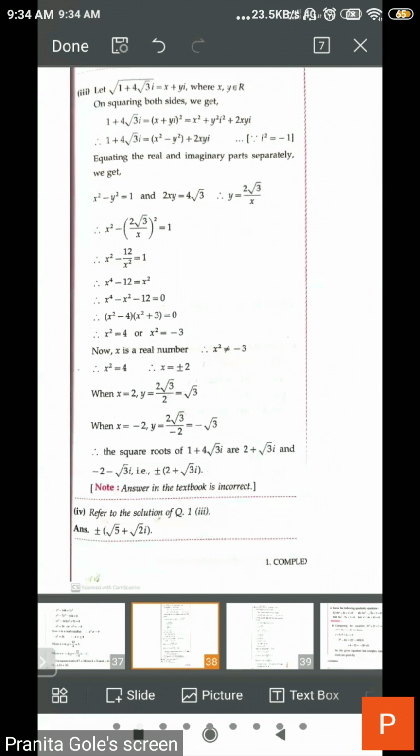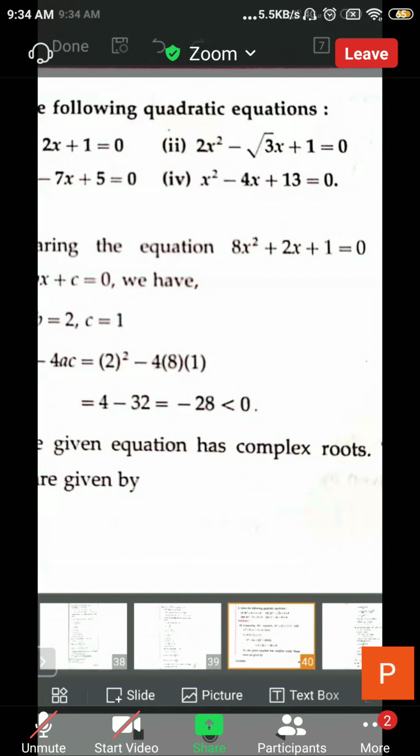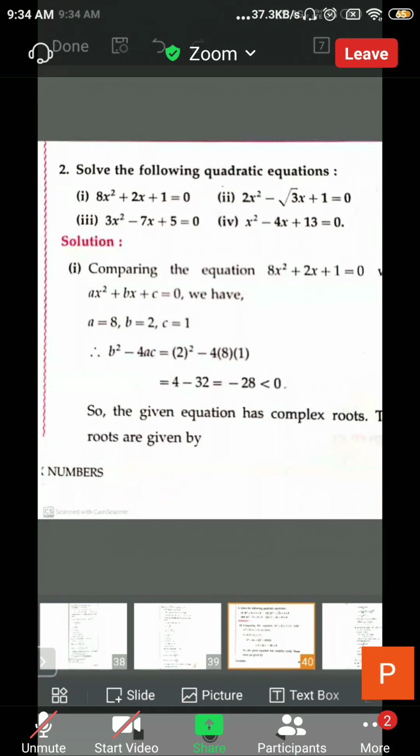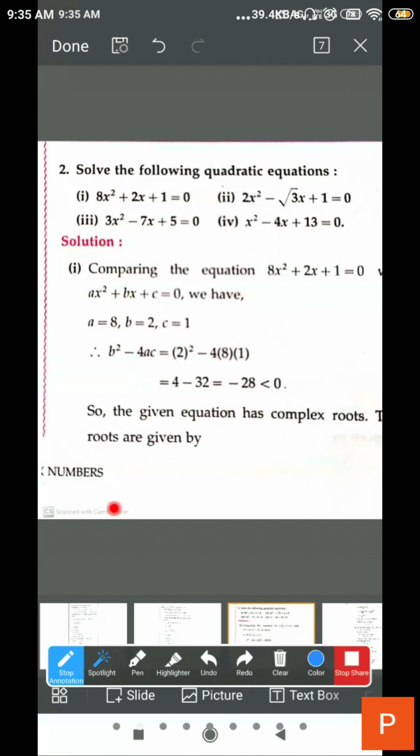Yes, similar example. We will move towards the next type of examples. These are quadratic equations given, and we have to find out the solution of these. See the first equation, 8x square plus 2x plus 1.